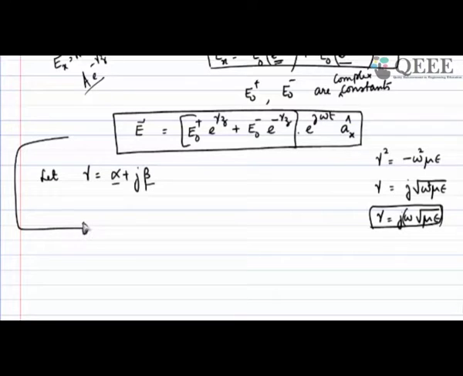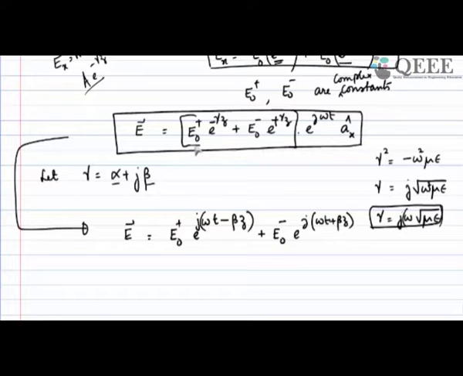Then this equation actually becomes E is E naught plus e power j omega t minus beta z, and I'll tell you why it is minus and plus, plus E naught minus e power j omega t plus beta z.